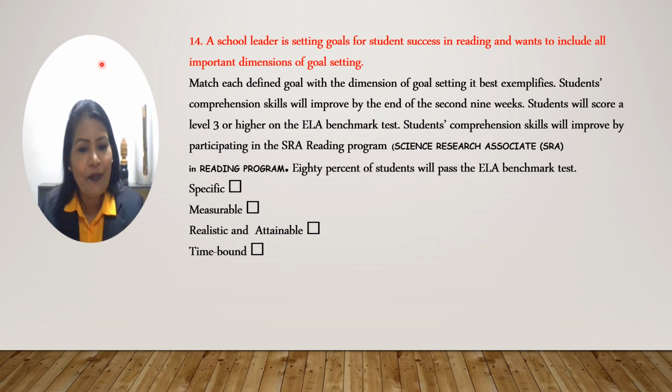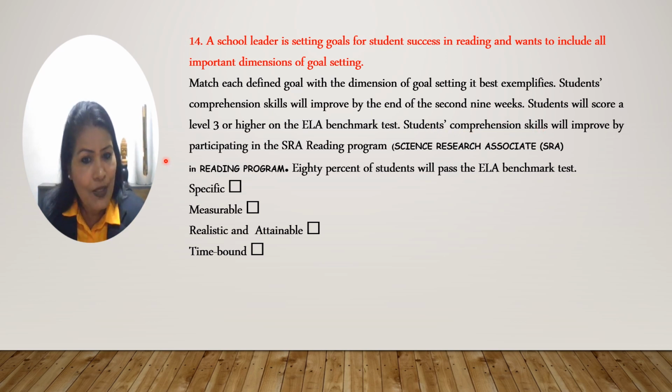Next question. A school leader is setting goals for students' success in reading and wants to include all the important dimensions of goal setting. Now what we have to do is match each defined goal with the dimension of goal setting it best exemplifies.